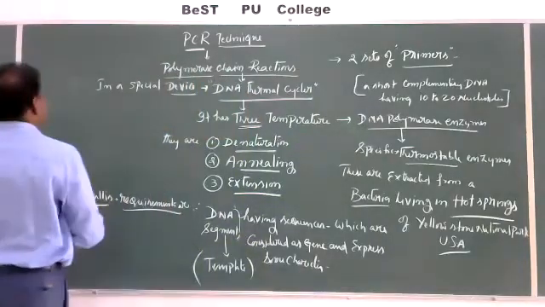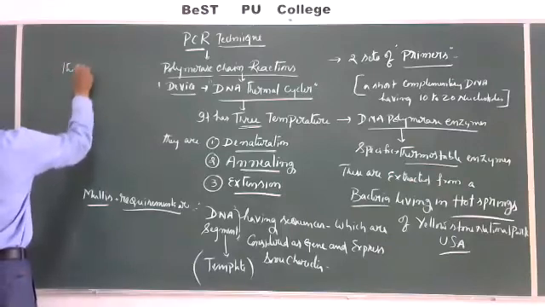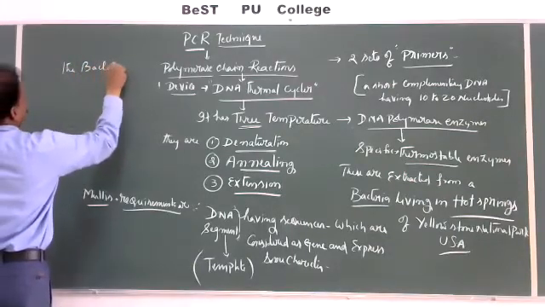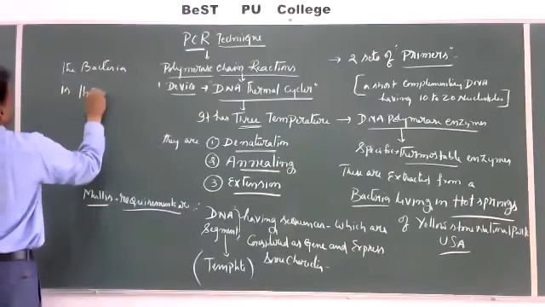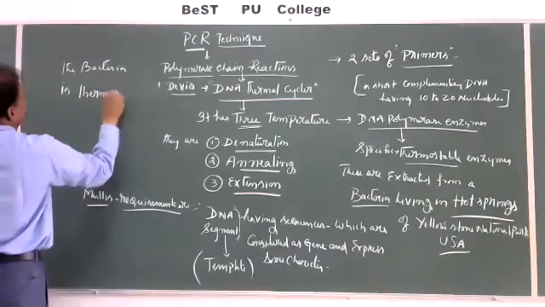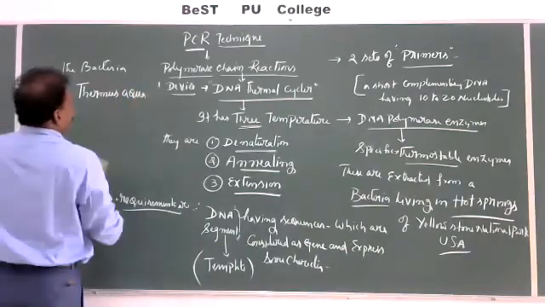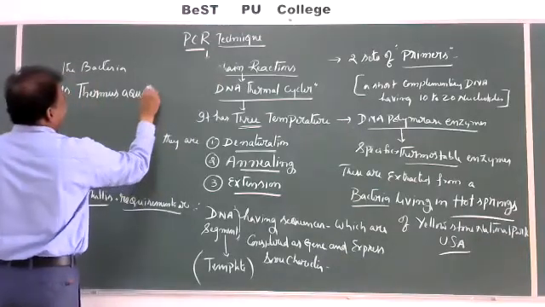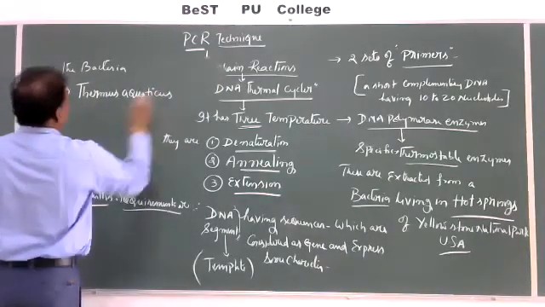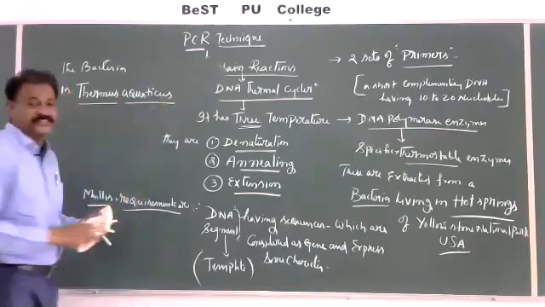That bacteria is called Thermus aquaticus. Thermus is the genus name, aquaticus the species name.